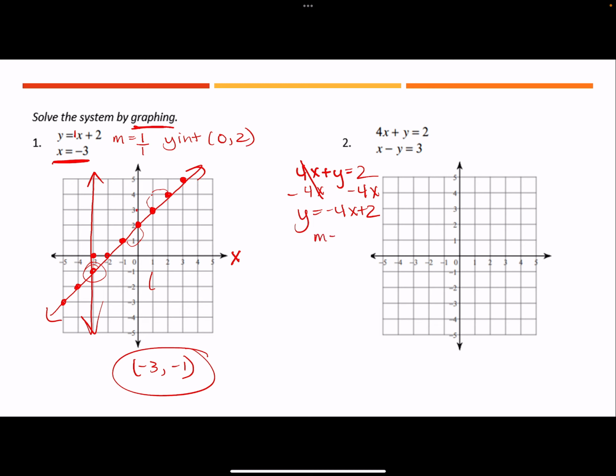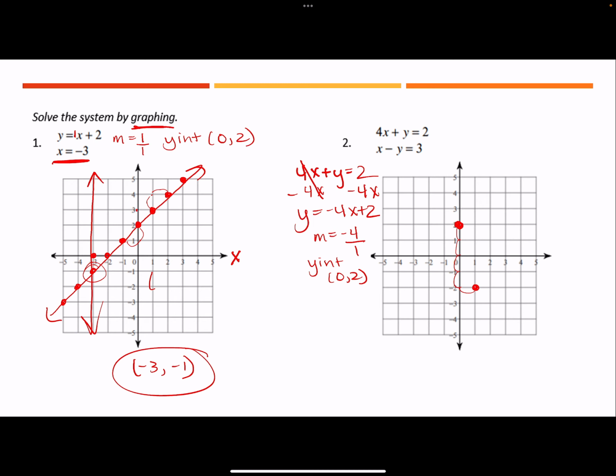My slope is -4. My y-intercept is 0, 2. And my slope has to be a fraction, so I can put that over 1. So if I start at the point 0, 2, that's this point right here. And my slope is -4, so I go down 1, 2, 3, 4, but then over +1, right? It has to be -4 over 1.